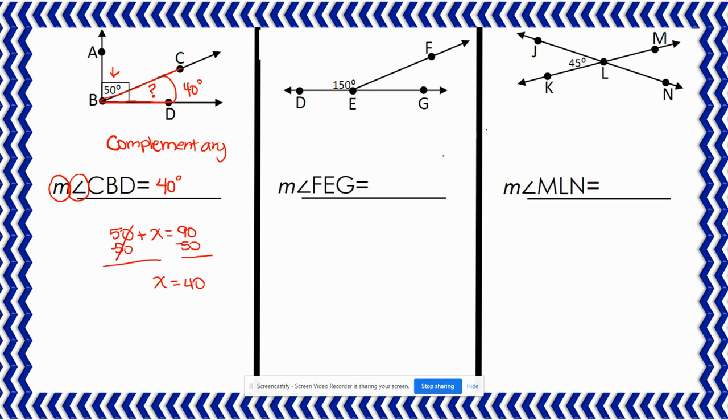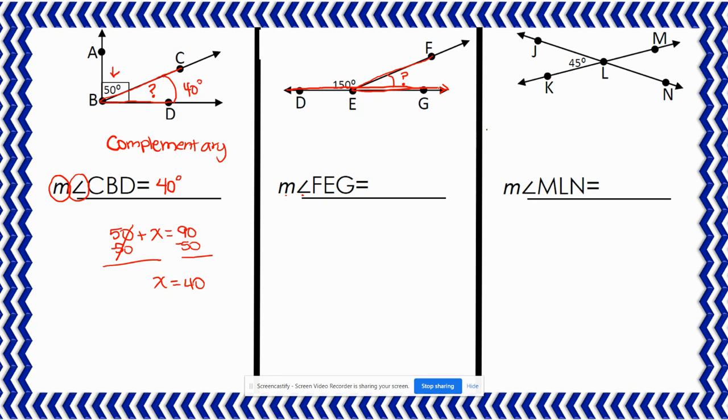For your next problem, it's asking for us to find the measure of angle FEG. So we want to know the measure of the angle that goes from F to E to G. So that's this one. Well, what is this? Well, when I look at these angles, what I notice is that to get from D all the way to G, this is actually a straight line.